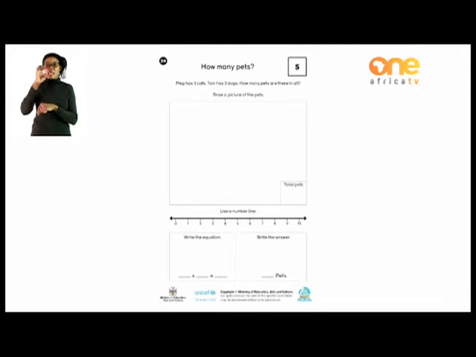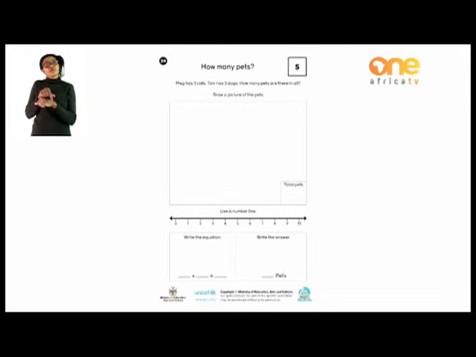On the first line, how many cats are there? 3 cats, so you must write on the line the number 3. Plus, how many dogs do you see in the big square or in the big box? 3 dogs, so write in the number on that line, 3.